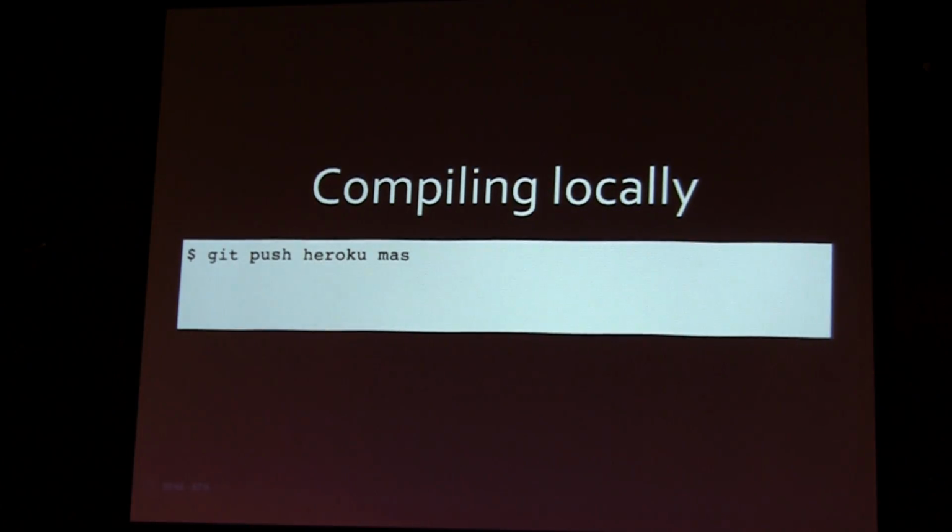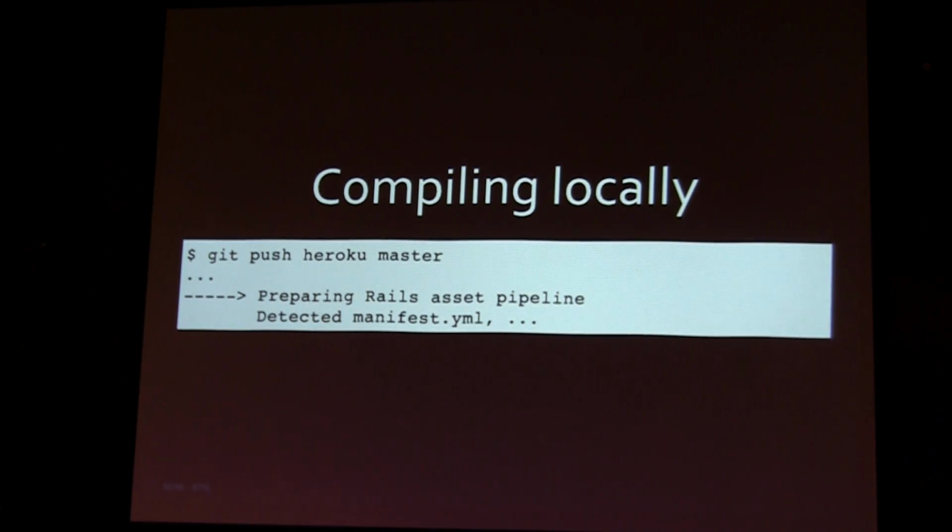After that, you can just push to Heroku, and in the Git output you'll see that we detect you're using the Rails 3.1 asset pipeline, and then you should see some message about detecting the manifest.yml. What this tells us is that you want to manage your assets yourself, and Heroku will not do anything special with regards to running a rake task or anything along those lines. So it will treat it like any other Rails app.